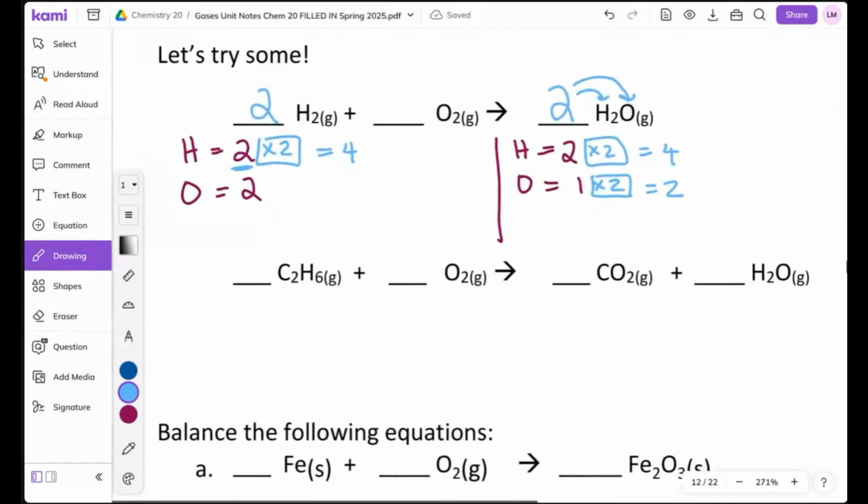Okay. Now we're going to do the same process with this next example here. So I'm going to make a list, and for this particular reaction, since we have a fuel reacting with oxygen, which gives us carbon dioxide and water vapor, that's how you know that you have a combustion reaction: something reacts with oxygen to give you carbon dioxide and water vapor.